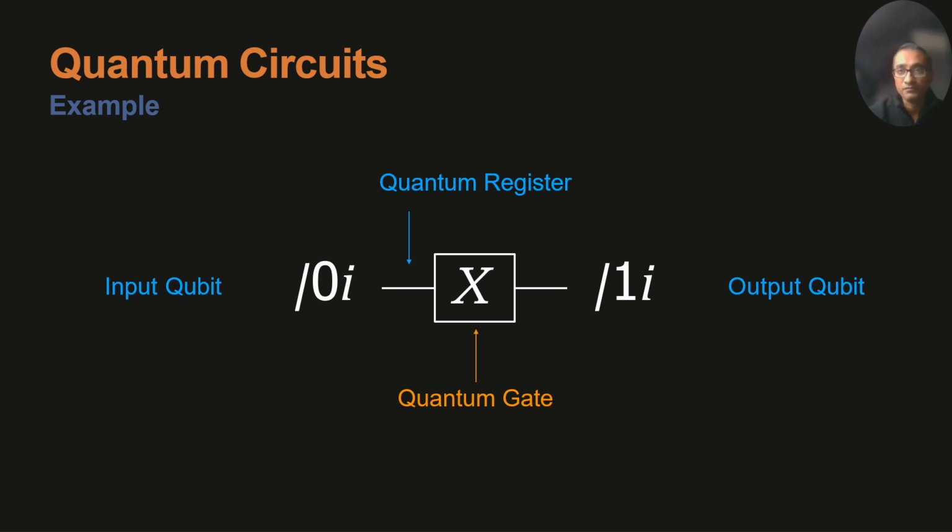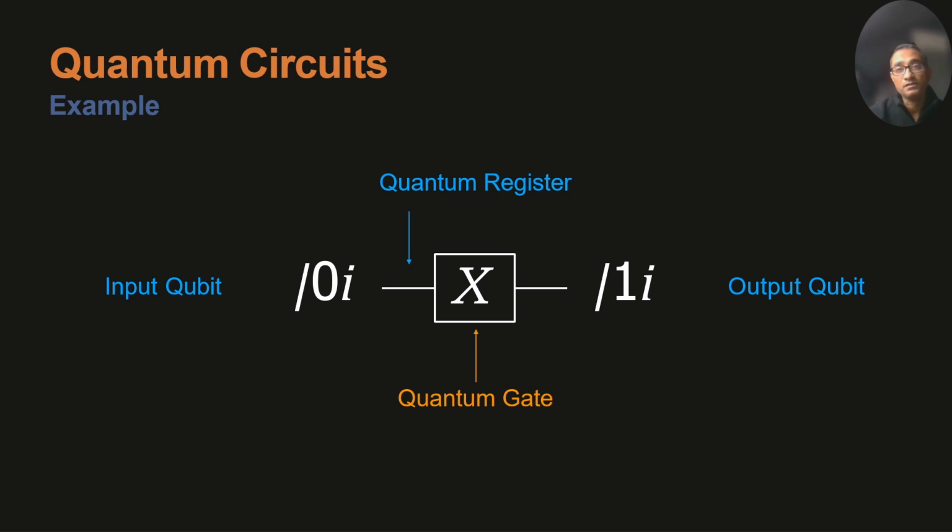Now, let's begin with a very simple example. As you can see on the screen, we have blocks of input qubit to output qubit, and in between, we have what you call quantum registers and quantum gates. So, let's begin on the left hand side from an input qubit.